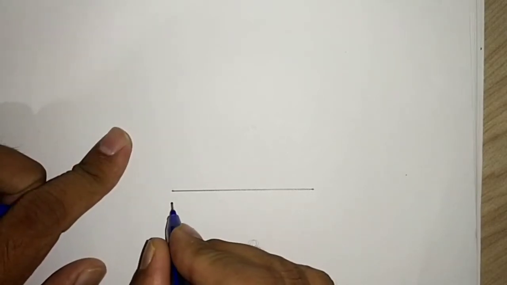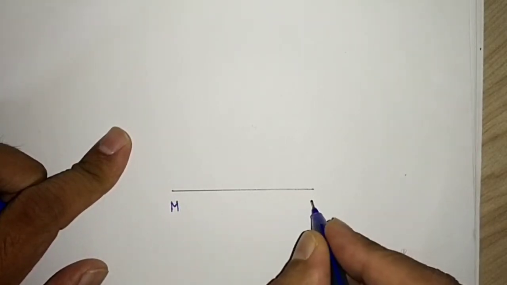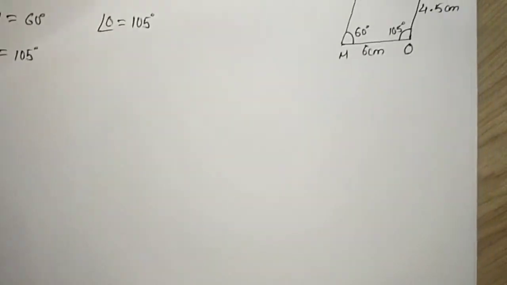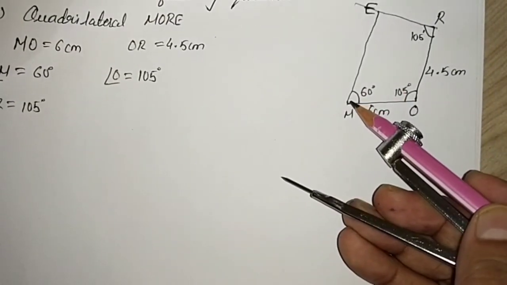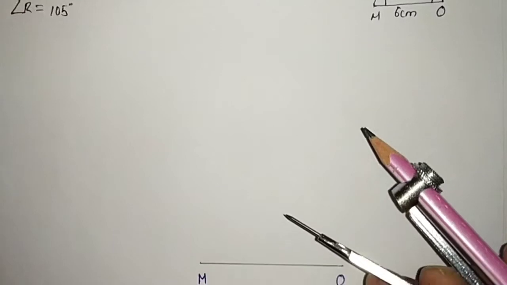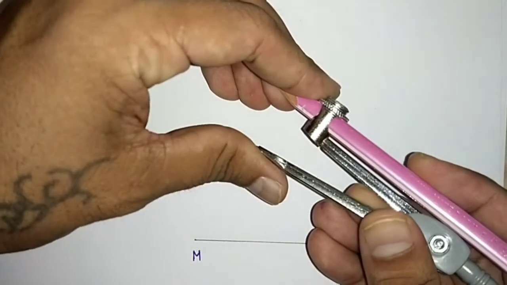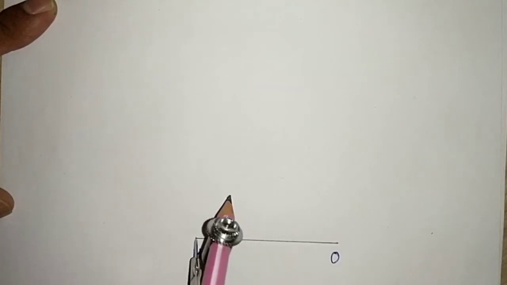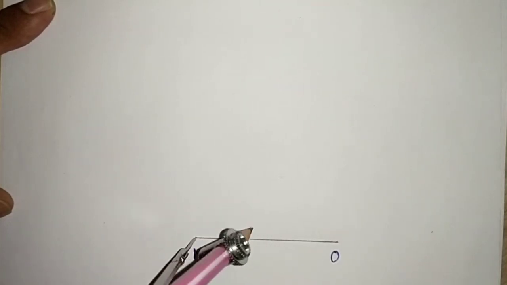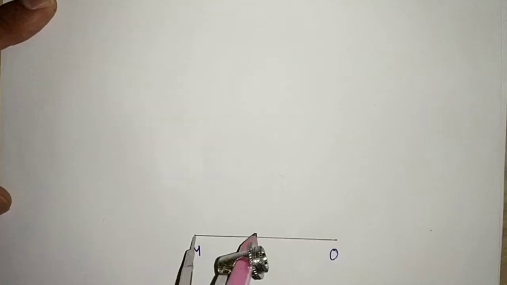Let me name it MO. Now what I have to do, I want to draw measure of angle M 60 degree. So what I will do, I will open my compass. Any measure you can open. I will open this much and draw a semicircle.